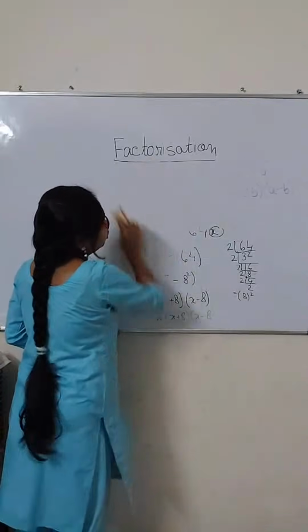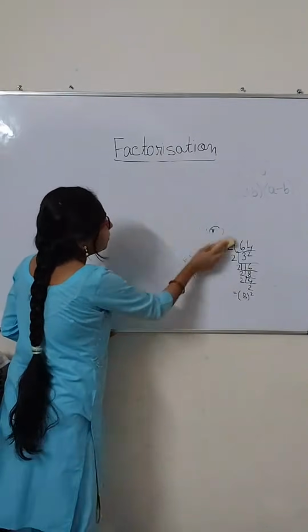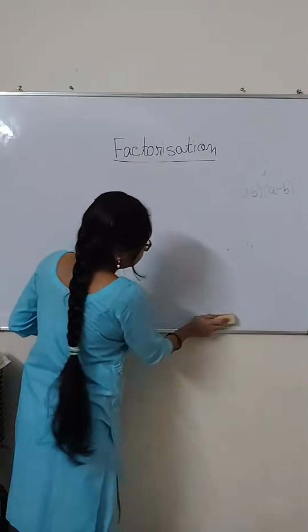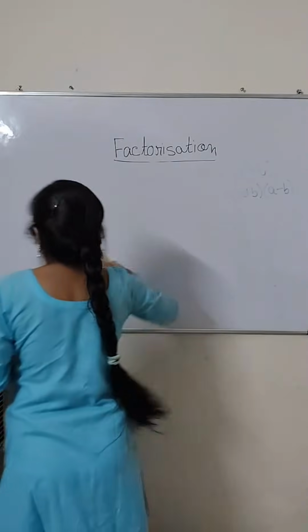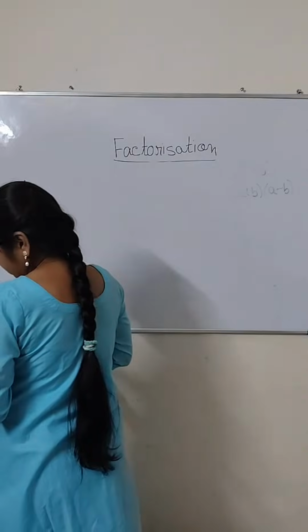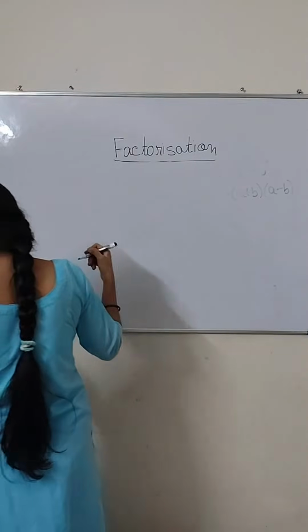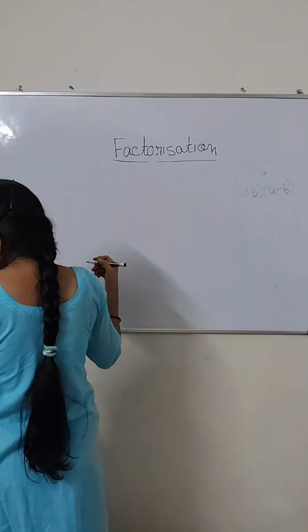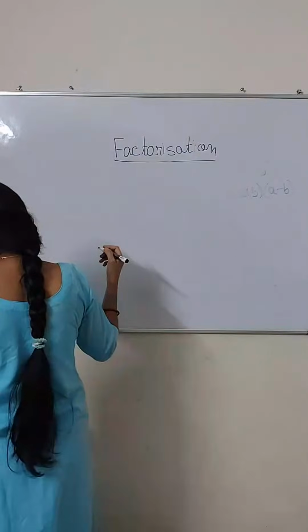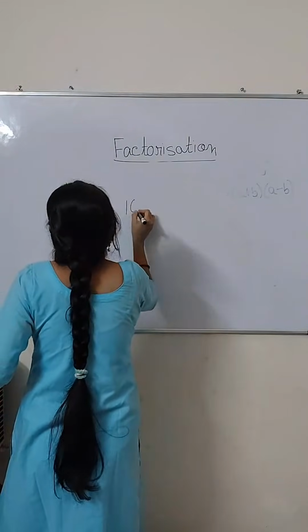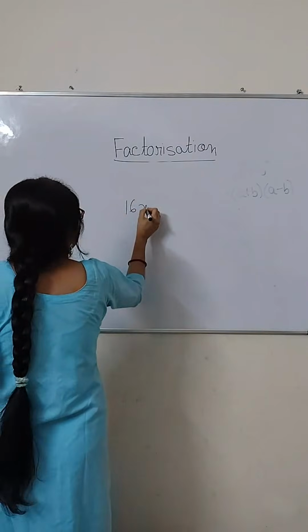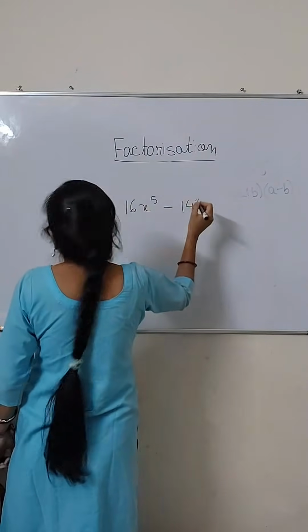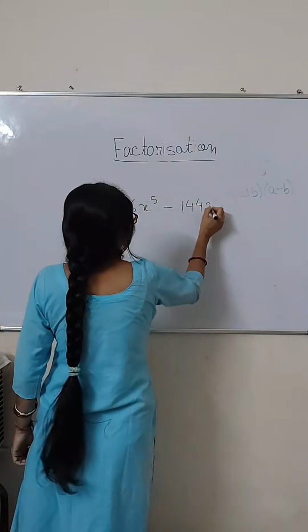Now, I will go to the next maths. x to the power 5 minus 144 x cube.